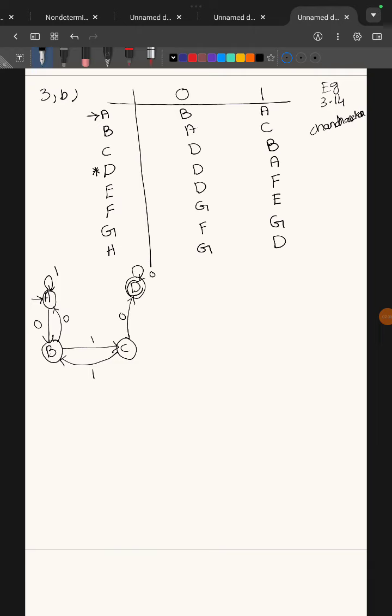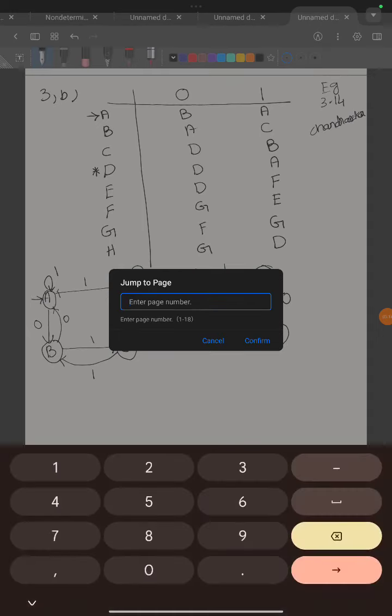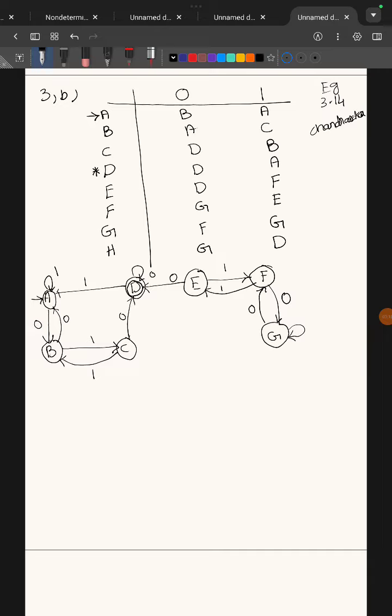This is a final state, so I will mark it with a double circle, and on reading 1 it goes back to A. Now we have state E. E on 0 goes to D. E on 1 goes to F. F on 0 goes to G, and F on 1 goes to E. G on 0 goes to F. G on 1 has a self loop to G itself.